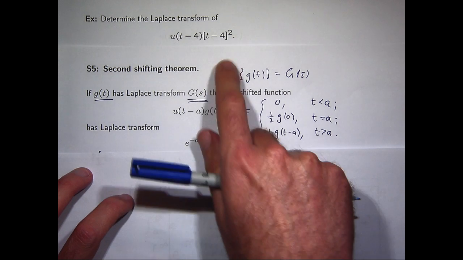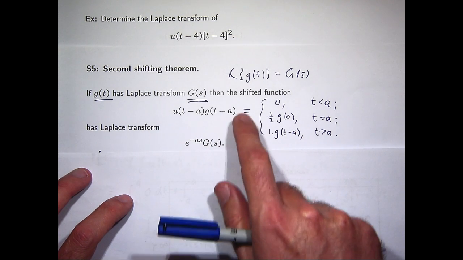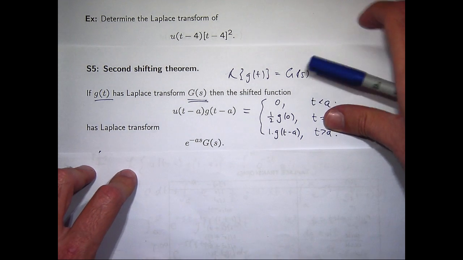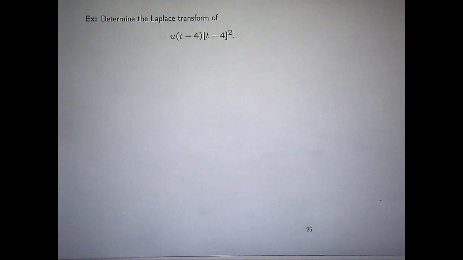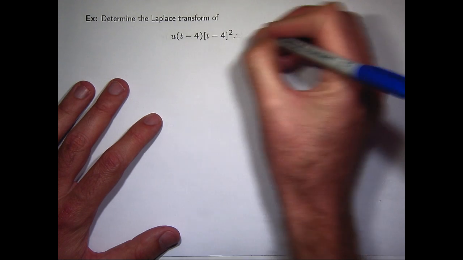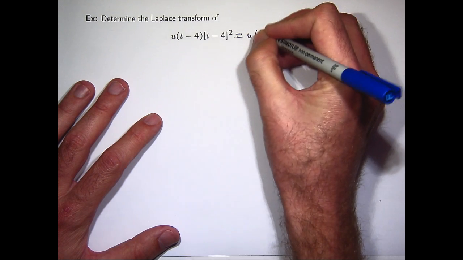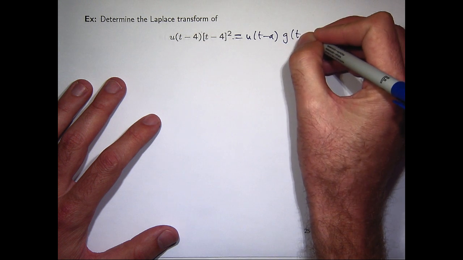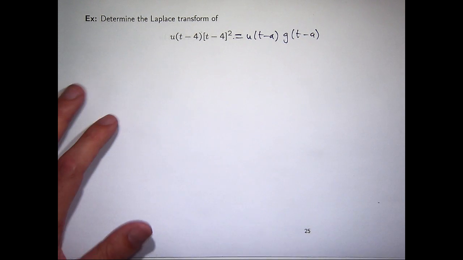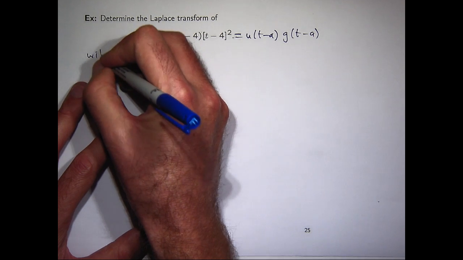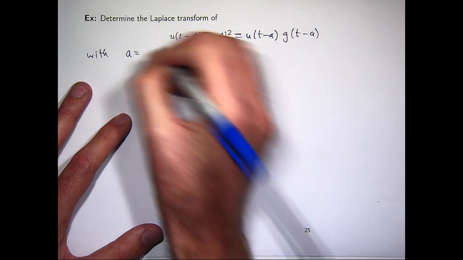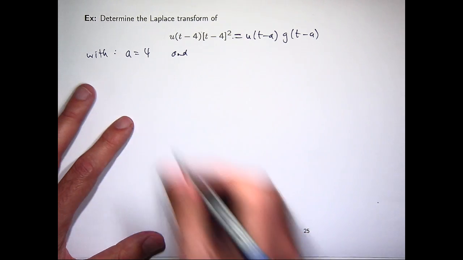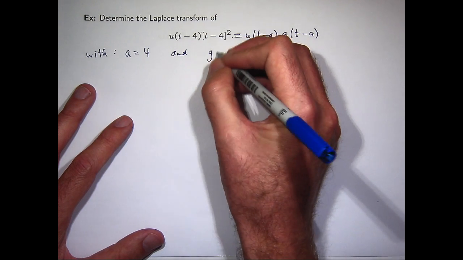So let's identify little g of t. Let's take its transform and then multiply through by the exponential function. Okay, so you can think of this as the following. A equals 4.